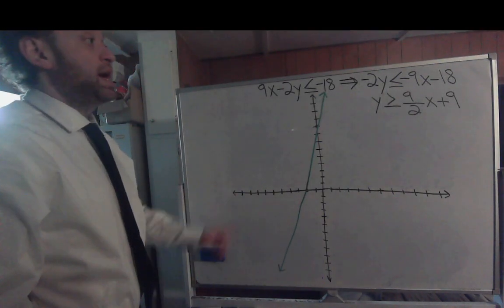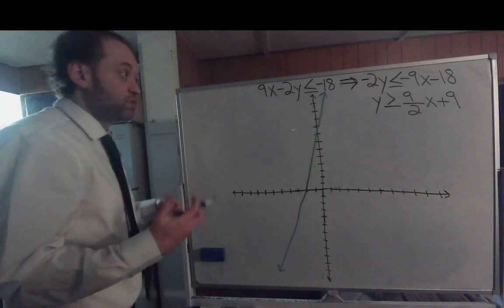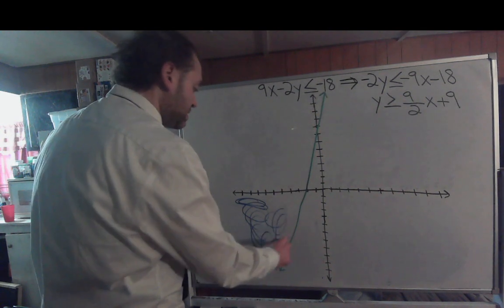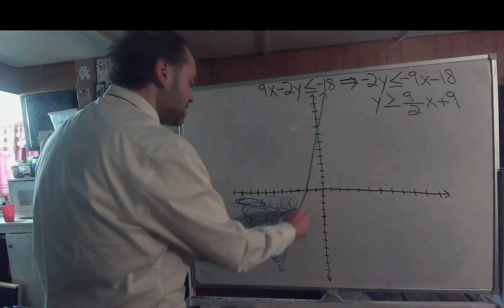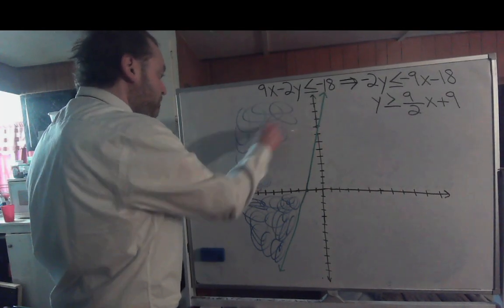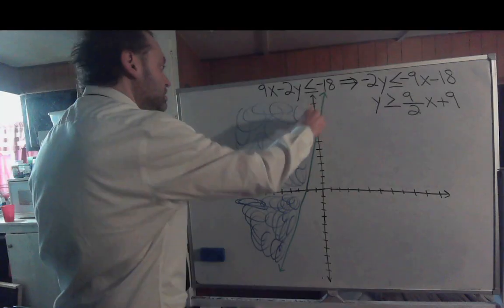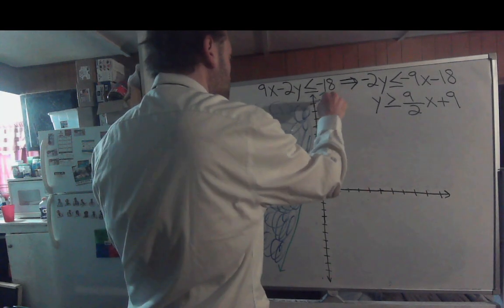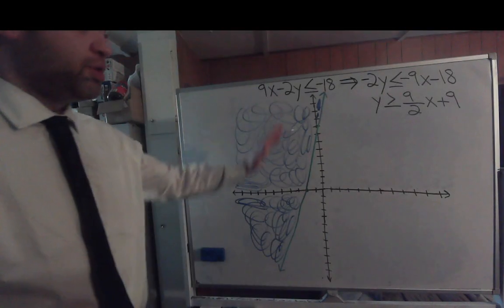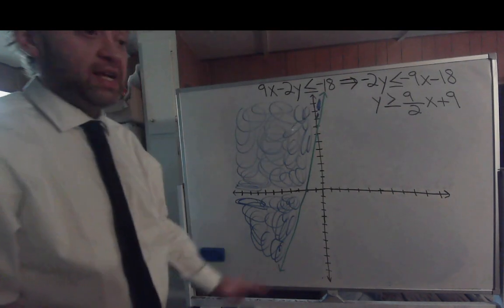Now we have that y is greater than that line, so that means you're going to shade everything above it, or in this case it's going to be to the left of it. So you will shade everything above the line here. And since you had the equal to component, you drew a solid line through 9x minus 2y equals negative 18.